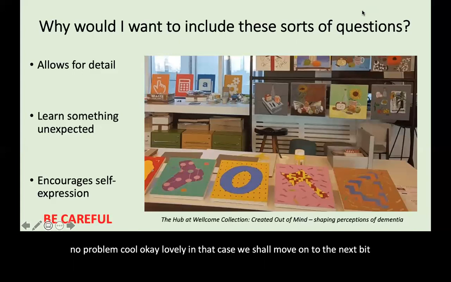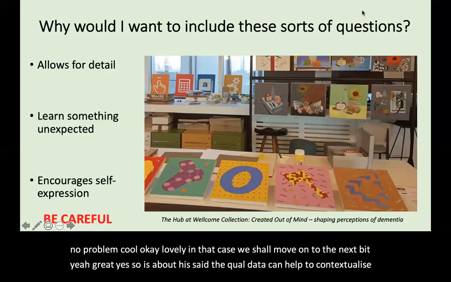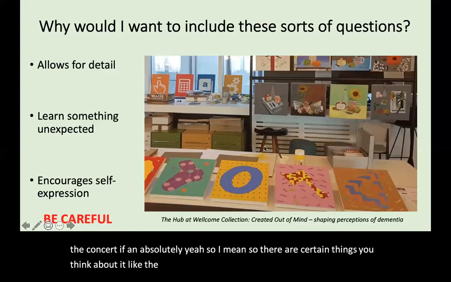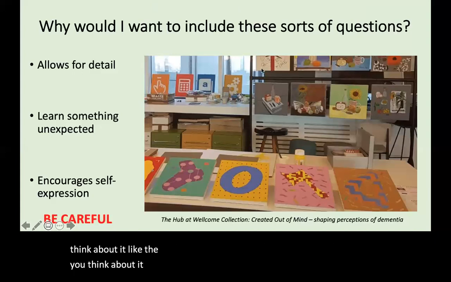Yeah, great. Isabel has said that the qual data can help to contextualize the quantitative, and absolutely. If you think about it, yes, no, multiple choice, that sort of thing, they are really great for getting that fixed data.